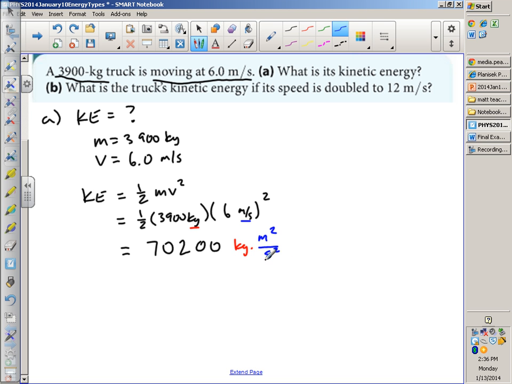There's nothing on the top and the bottom that we can cancel out. So we end up with the unit just being the combination of all those units. But earlier in this unit, we talked about this combination of units, right? How do we represent that combination? That's joules, okay? So that's going to be our unit as far as kinetic energy goes.